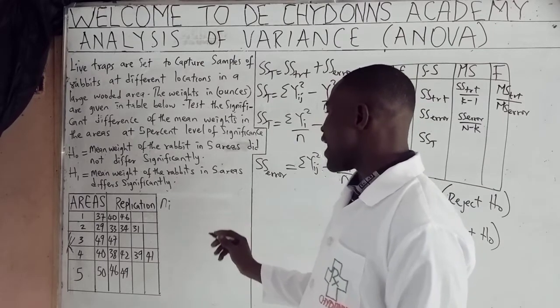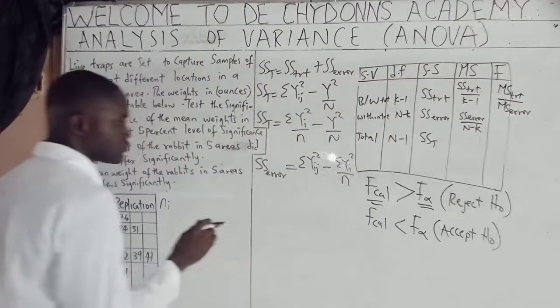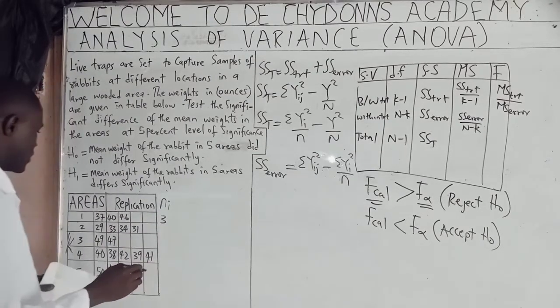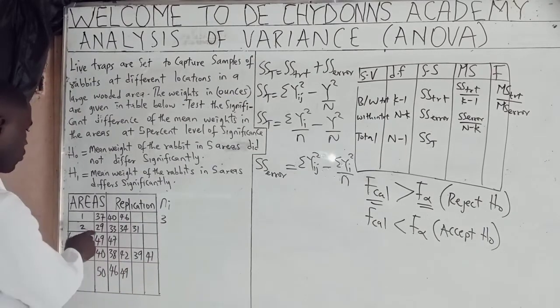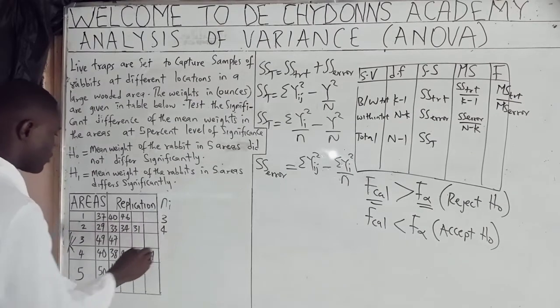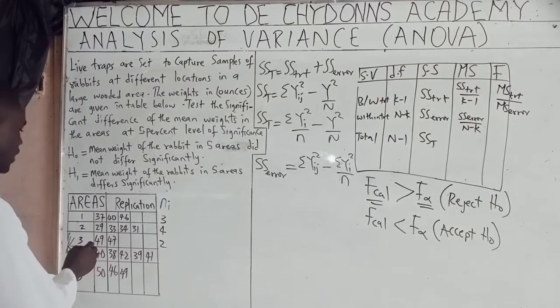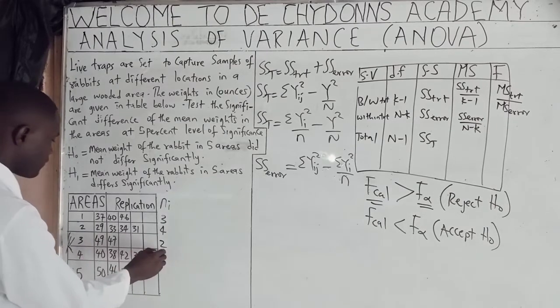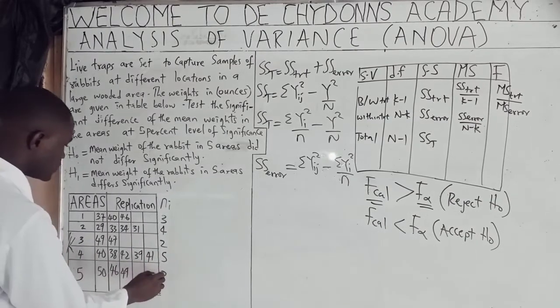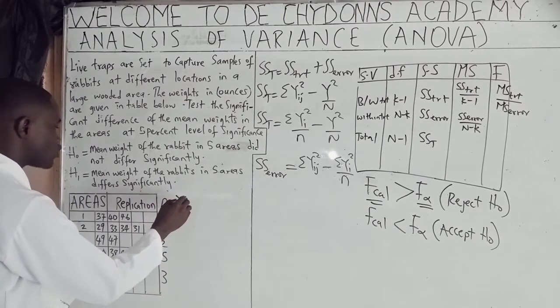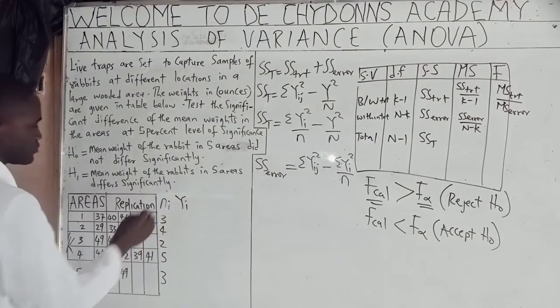First value of NI will be 3. Then the next value, 1, 2, 3, 4. The next value 1, 2. The next value 1, 2, 3, 4, 5. The next value 3.